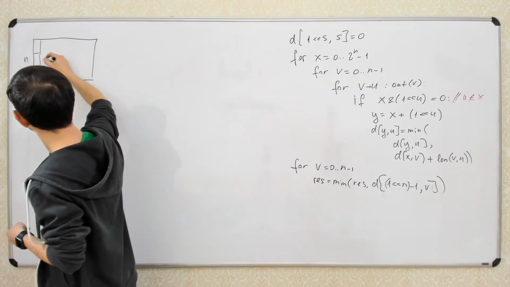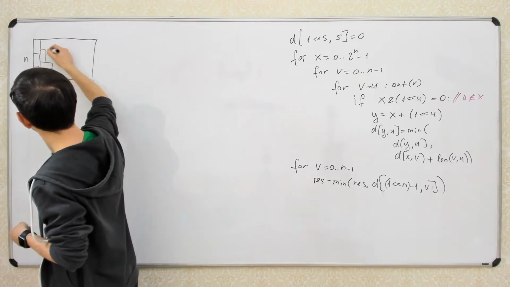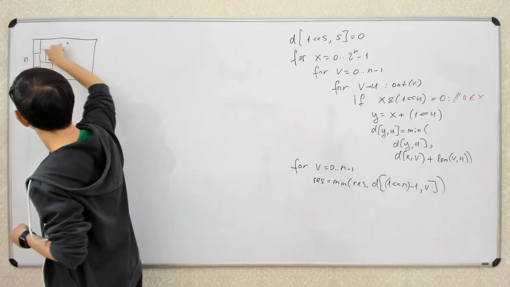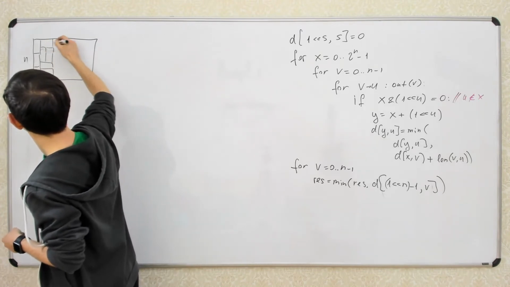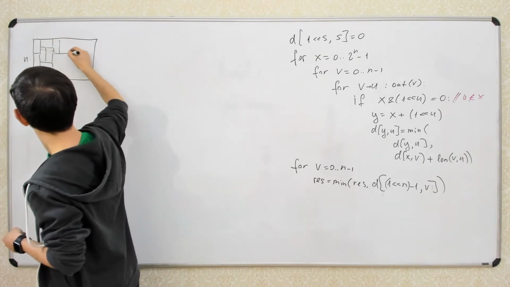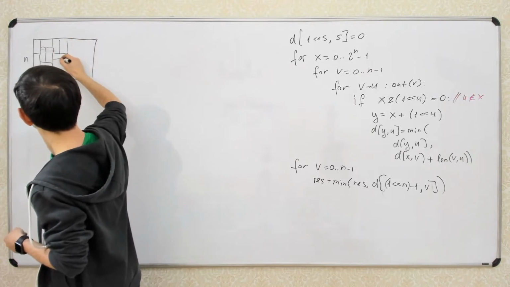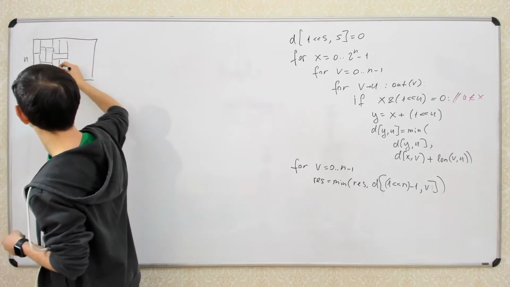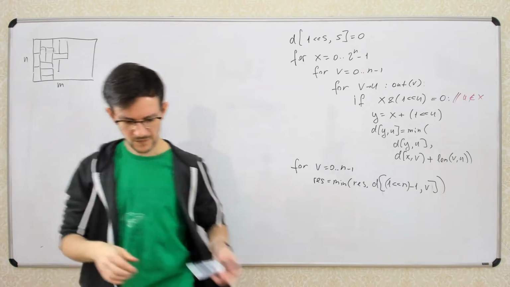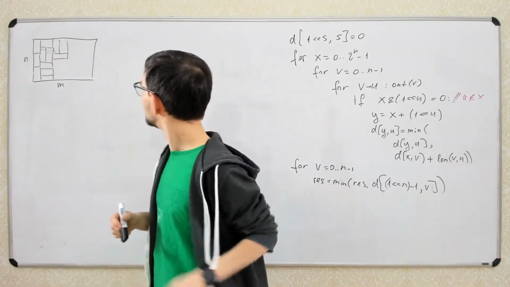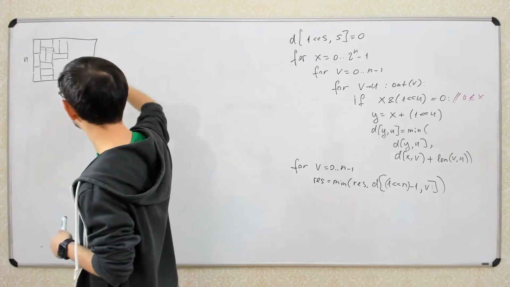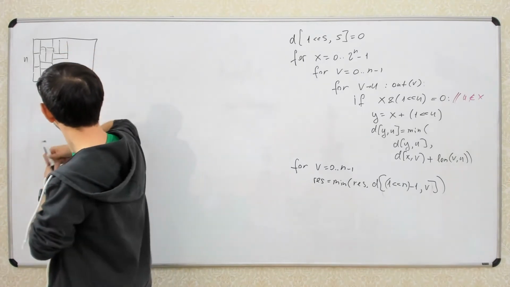Something like this, something like this. Here, something like that, and so on. So I have 6 by something. 1, 2, 3.